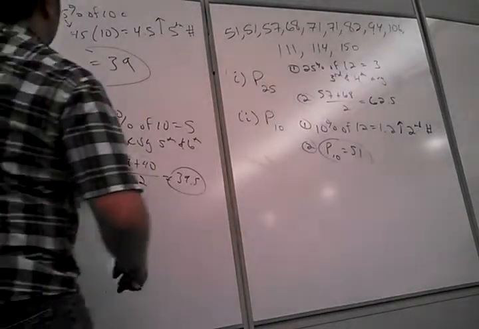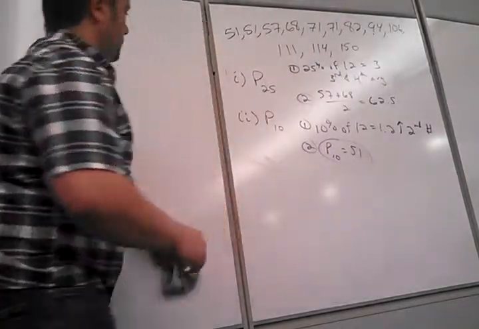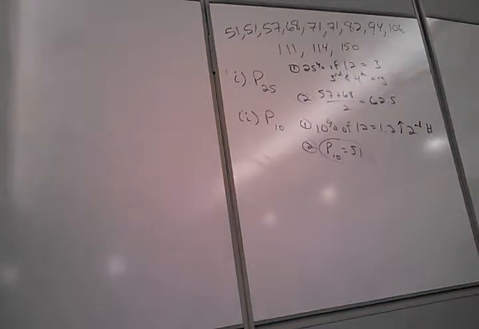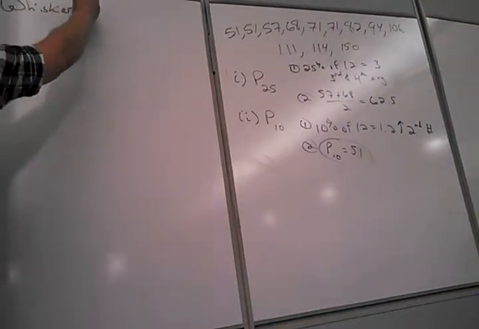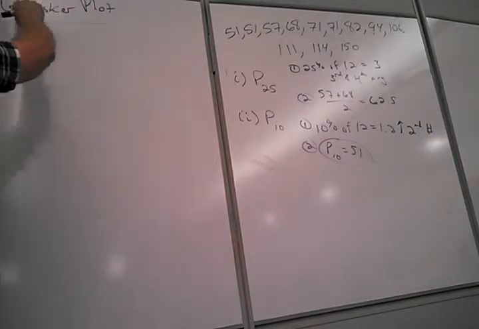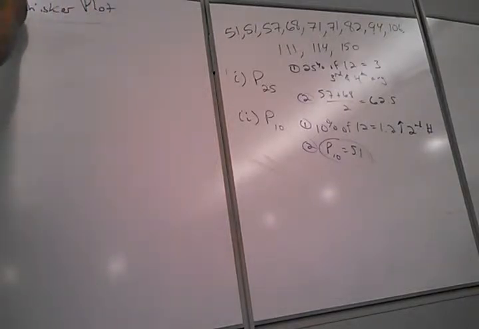And the last thing in this section is something very interesting. It's called a box and whisker plot. Again, not my terminology, but it accurately describes what this thing is going to look like.